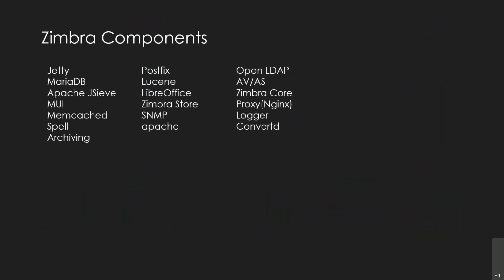Okay, and next we see the Zimbra components. First one is Jetty, and Postfix, OpenLDAP, MariaDB, Lucene, antivirus and anti-spam, Apache JSieve, LibreOffice, Zimbra Core, modern user interface, Zimbra Store, Proxy, Memcached, SNMP, Logger, Spell, Apache, ConvertD, and archiving.